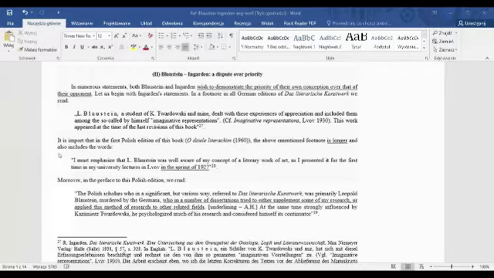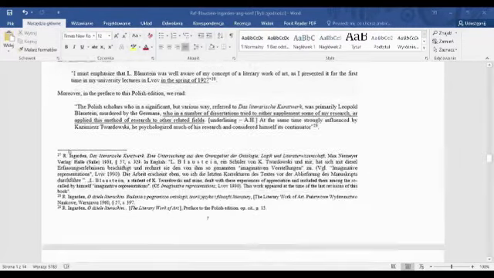Moreover, in the preface to this Polish edition, we read: the Polish scholar who in a significant but various way referred to Das literarische Kunstwerk was primarily Leopold Blaustein, murdered by the Germans, who in a number of dissertations tried to either supplement some of my research or applied the method of research to other related fields. At the same time, strongly influenced by Kazimierz Twardowski, he psychologized much of his research and considered himself its continuator.